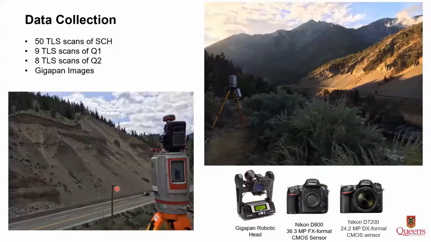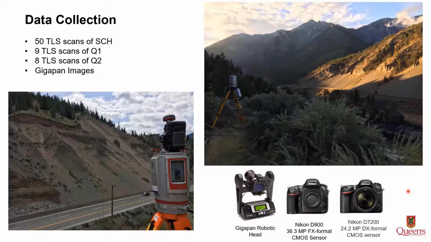89.65. So for the data sets that are being used in this study, we have over 50 TLS scans captured at Sandy Cobble Hill. This spans between April of 2013 and March of 2020. This covers a 2,517-day study period, which is an exceptionally long study period, one of the largest data sets out there to date.